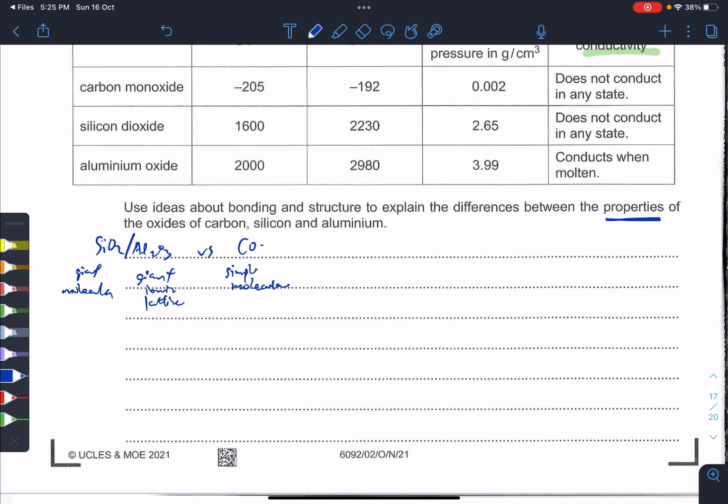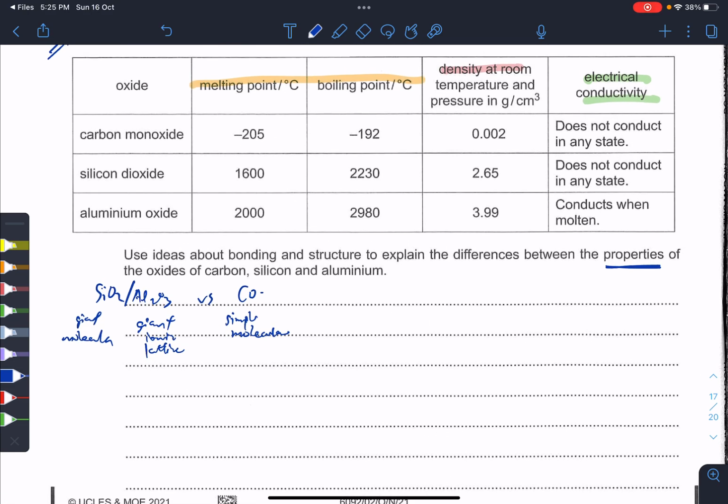First comparison, second comparison. Do we need to explain SiO2 and aluminium oxide, meaning giant molecular versus giant ionic? Don't really need to. You can just tell them that this one needs a lot of energy to overcome strong electrostatic forces of attraction between oppositely charged ions.